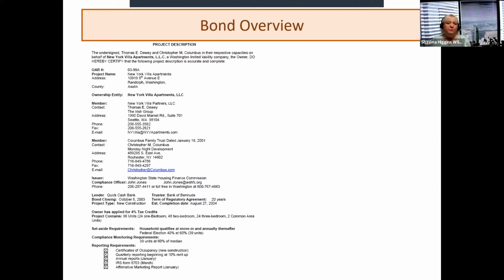All right, so when bond closing happens, this project description usually goes out to the owner. And from this project description, you're going to be able to find some pertinent information. This way you don't have to go through your regulatory agreement and search for all of these answers. You can find your OID number for the project.